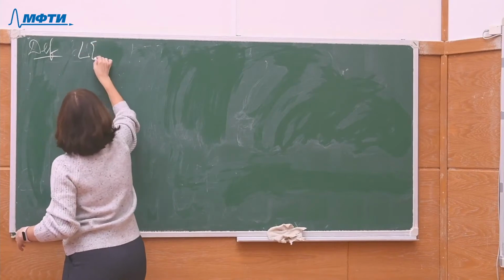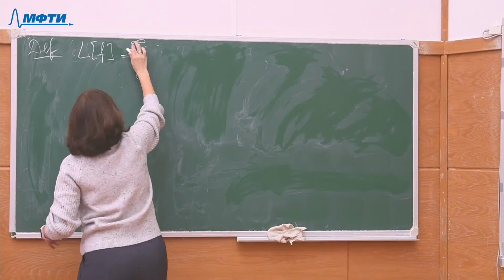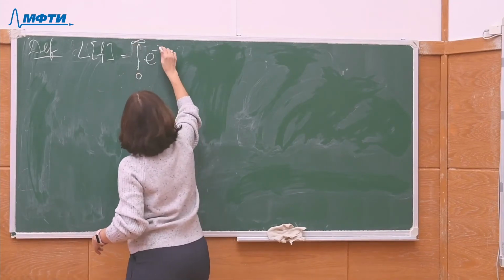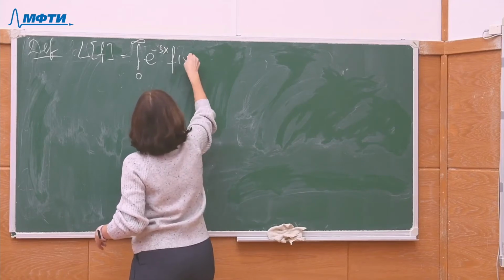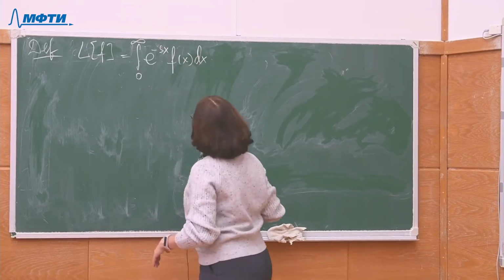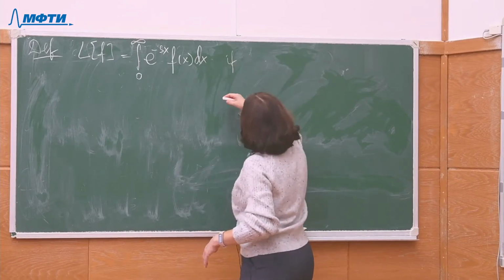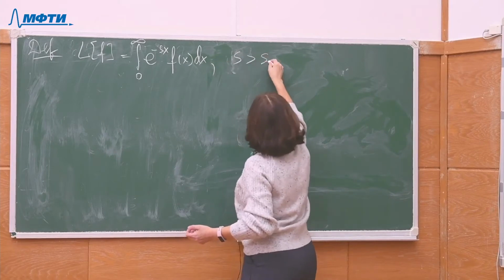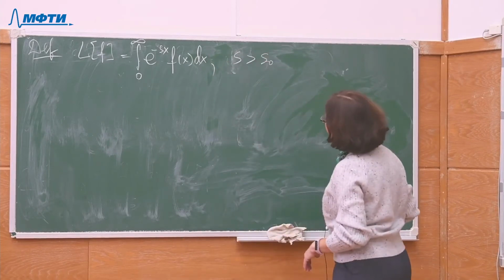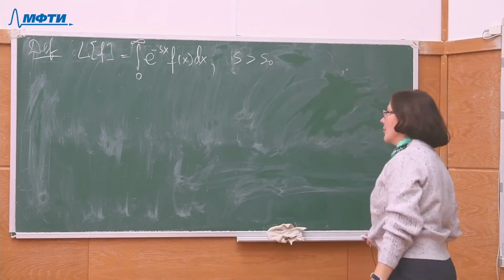So L of f is defined as the integral from 0 to infinity of e to the power minus sx times f of x dx, if it is convergent, so for s greater than s0. If this integral is convergent for some value of s0.